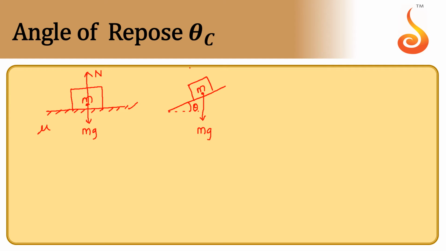But now normal will also be rotated by an angle theta. So what does it mean? So this is also theta. So this will be mg cos theta, and along the inclination mg sin theta will act.